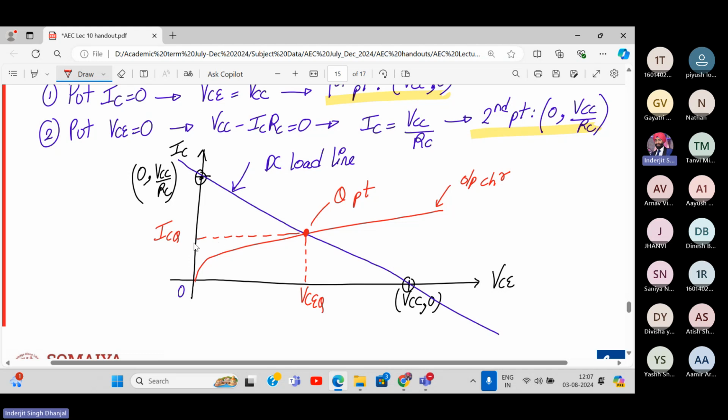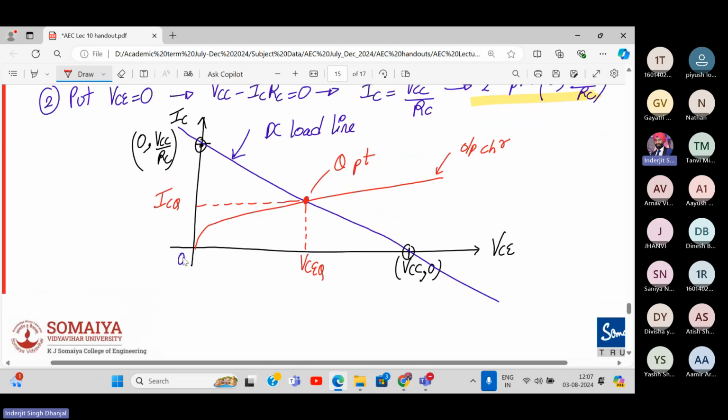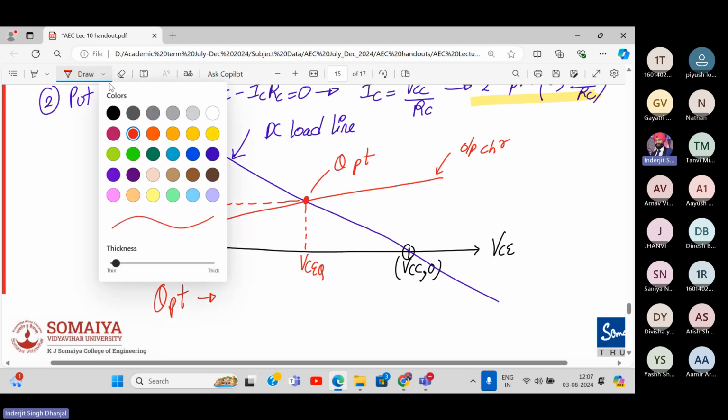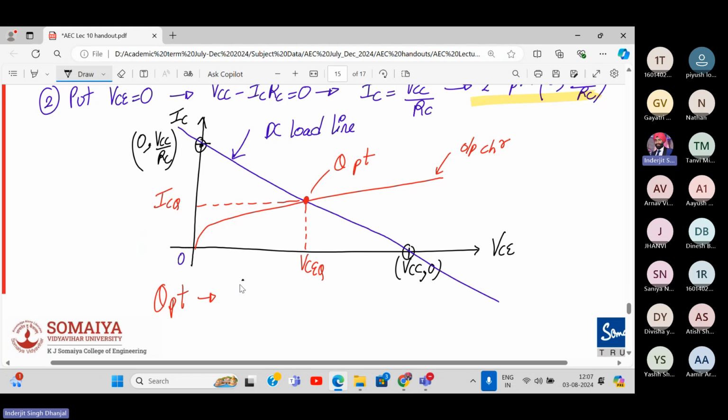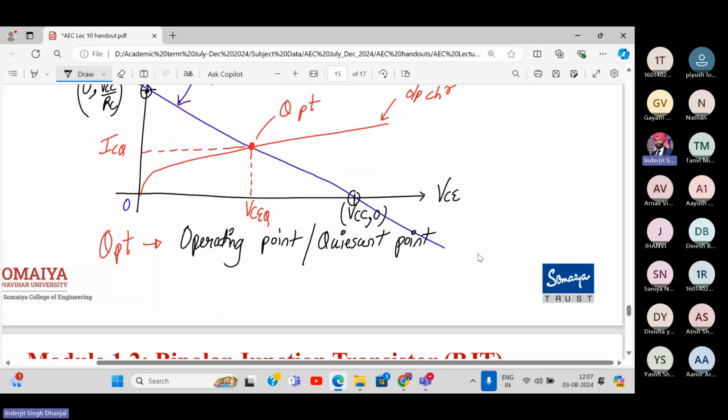So again, the intersection of the DC load line with the output characteristics is the Q point. The other names for the Q point are operating point, quiescent point, or silent point. It should not change.